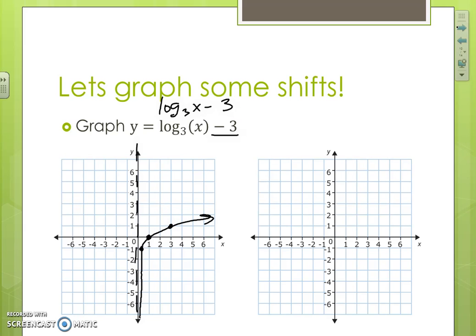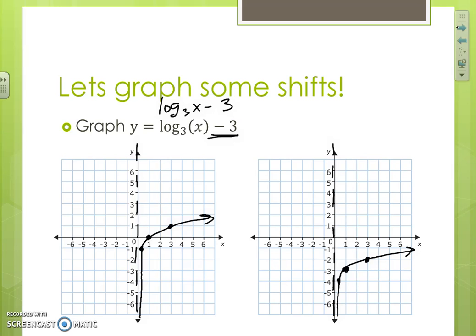Okay, so there's the graph of my function. Now, we said again that minus 3 is on the outside, so that's going to be vertical, and that's going to shift it down 3. So your vertical asymptote moves down 3, although you can't really tell that it does because your vertical asymptote stretches to negative infinity, infinity. But each of these points you will see moves down 3.